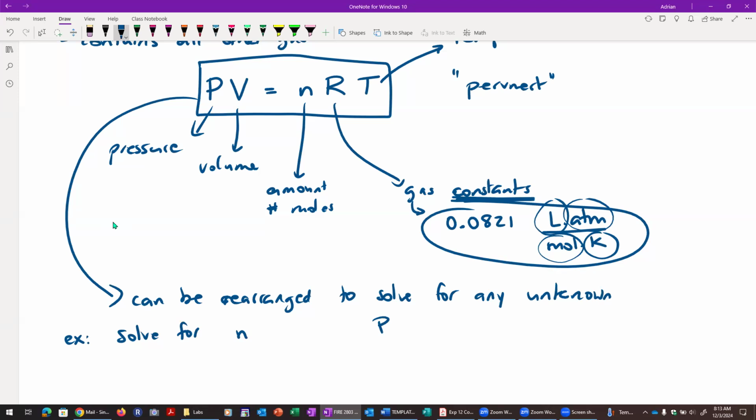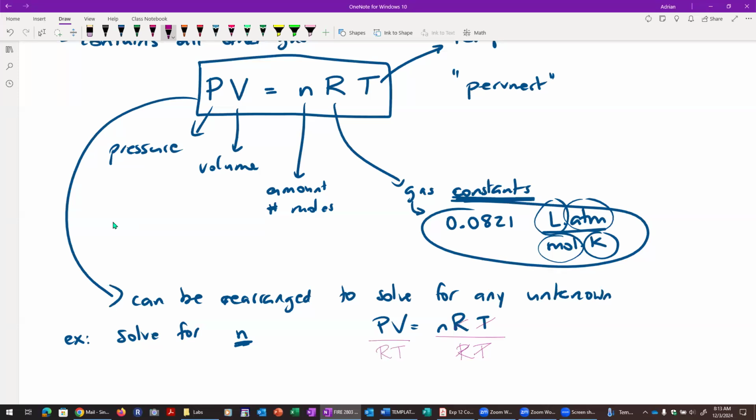All right, so for example, we can solve that equation for, let's say, N, the number of moles, right? So if I have my PV equals N times R times T, solving for N means I need to isolate N on one side of the equation. So N is on the right side. I need to get rid of the R times and the T. Because all of these are multiplied by each other on the right side, I can just divide the right side by R times T. So they can cancel. This being an equation, whatever I do to one side, I need to do to the other side.